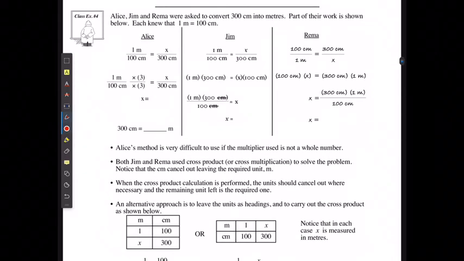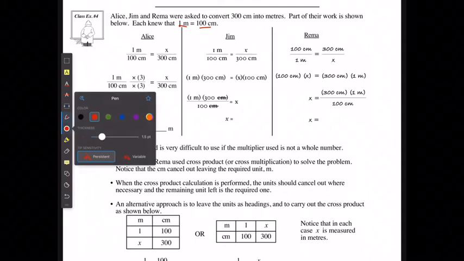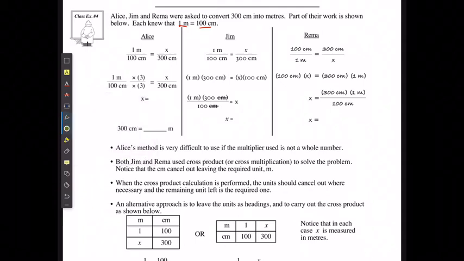So, Alice, Jim, and Rima were asked to convert 300 centimeters into meters. Part of the work is shown. Each knew that 1 meter is the same as 100 centimeters. So the way that Alice approached this was she said 1 meter divided by 100 centimeters, the ratio is going to equal x meters over 300 centimeters.